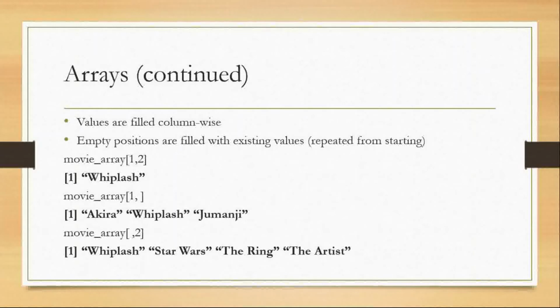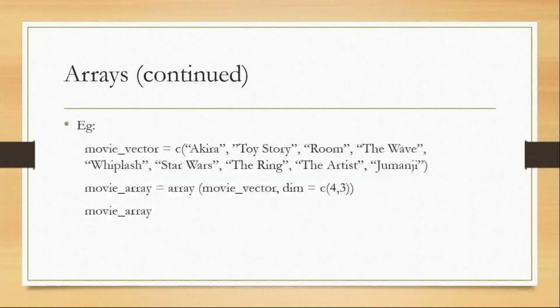One interesting thing to be observed here is that empty positions are filled with existing values. If you see, an array with 4 rows and 3 columns can have 12 values, but we have given only 10 values.